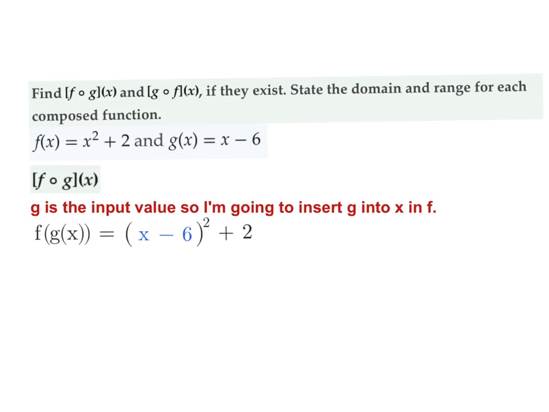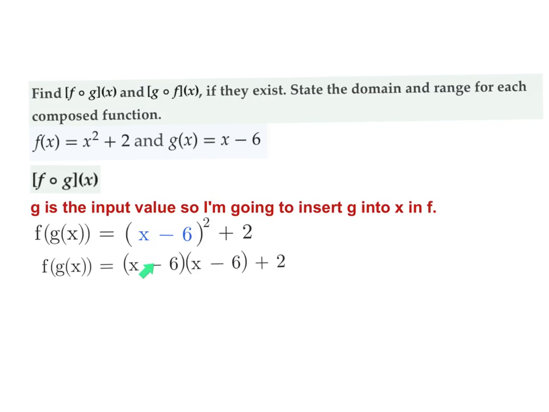Now, I will tell you, some of you really botched this on the test, so hopefully you won't botch it now, but go ahead and simplify that out and see what you get. Some of you forget that really means x minus 6 times x minus 6. This does not equal x squared minus 36 or x squared plus 36, okay?